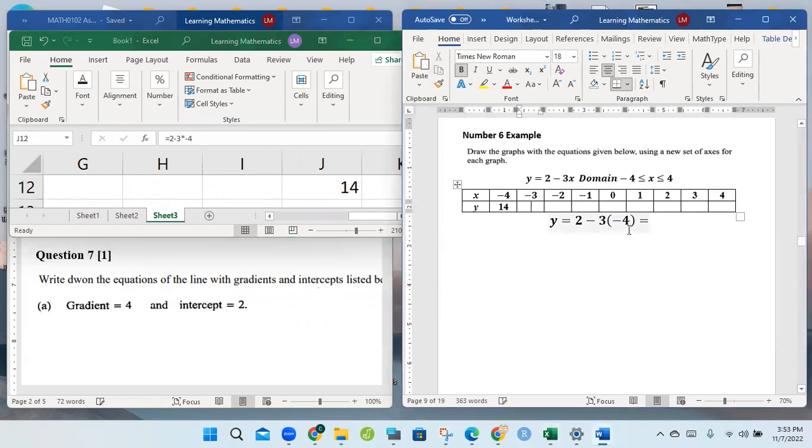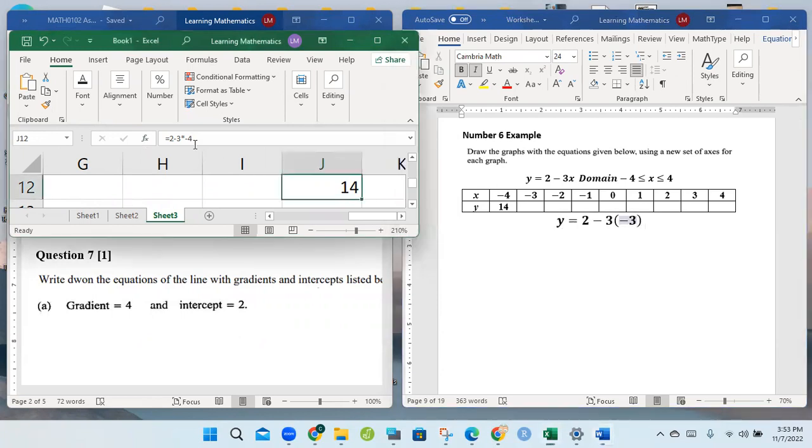Now we're going to substitute -3. -4 gives us 14. Let's see what -3 will give us. So it's 2 minus 3 times -3. Enter. So -3 gives us 11.